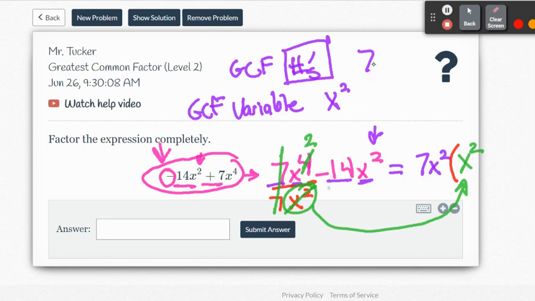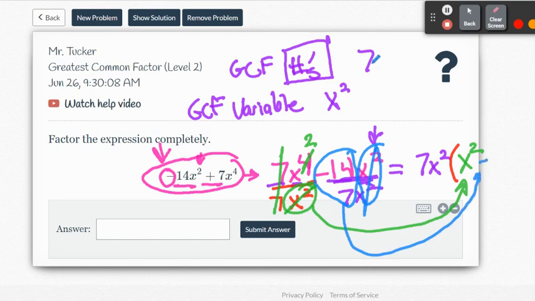Then you divide the negative 14 by 7x squared, and negative 14 divided by positive 7 should produce a negative 2, and the x squared divided by itself is 1, so just a negative 2 should go back here. That is the result of my GCF: 7x squared times x squared minus 2.